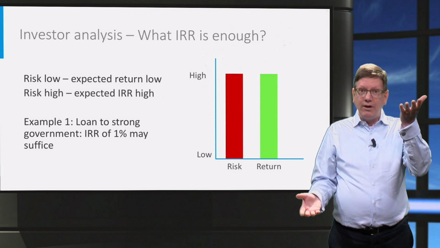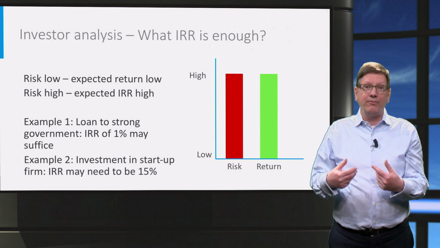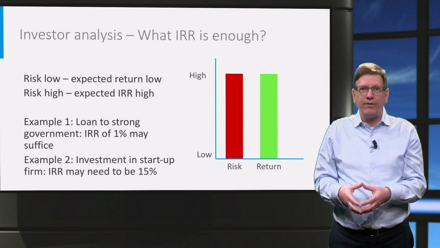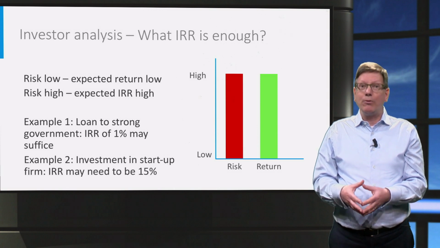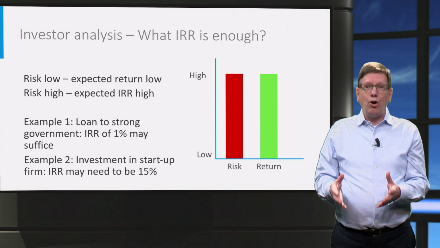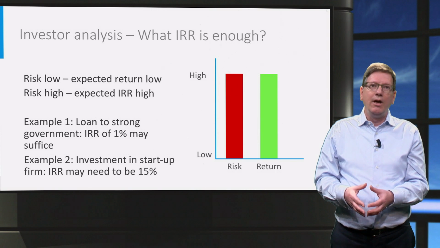The higher the risk, the higher the expected return. If we are investing in a startup firm that has yet to prove itself, the investment risk is probably much higher. An investor may require a return of 15% then to part with his money. To compensate for taking this higher risk, the investor needs a higher return.